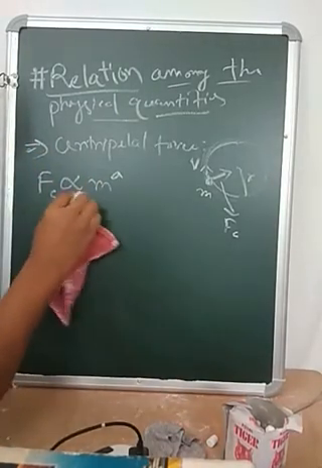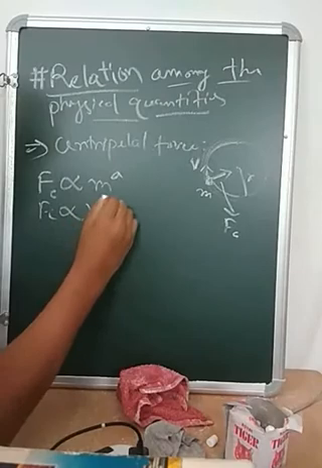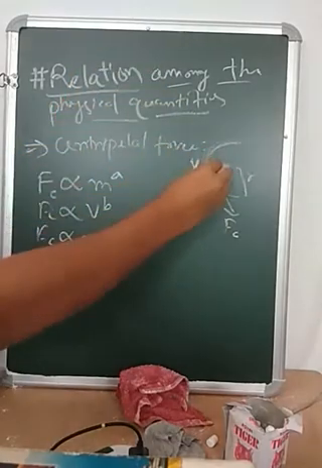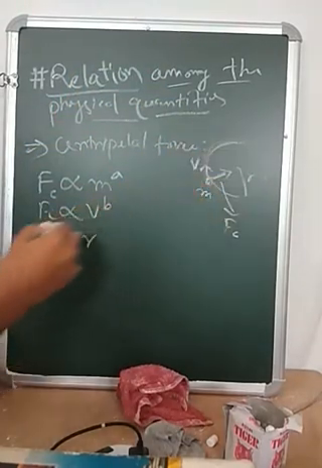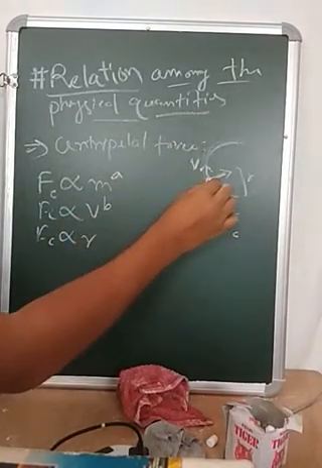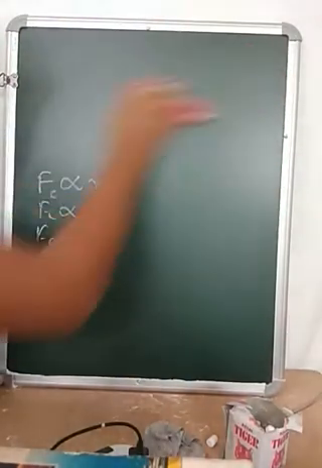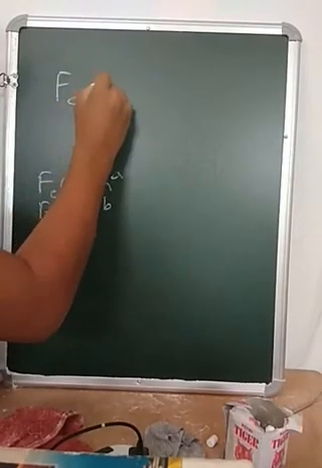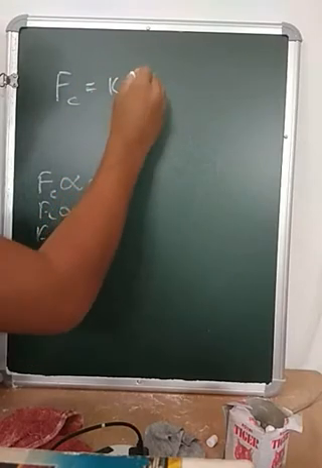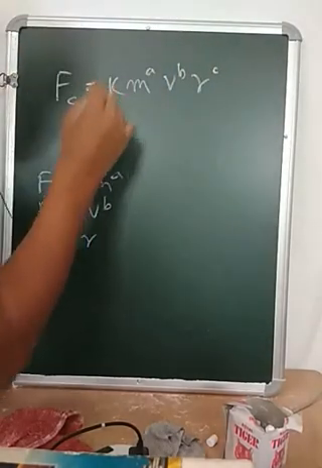So we write Fc proportional to m, Fc proportional to v, Fc proportional to r. Here r is the radius of this circular path, v is the velocity of this mass, and m is the mass of this object. So now we write Fc is equal to k m to the power a, v to the power b and r to the power c.